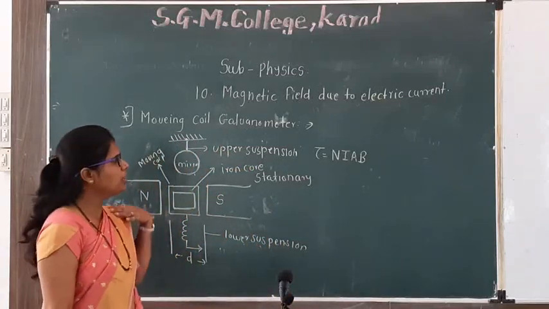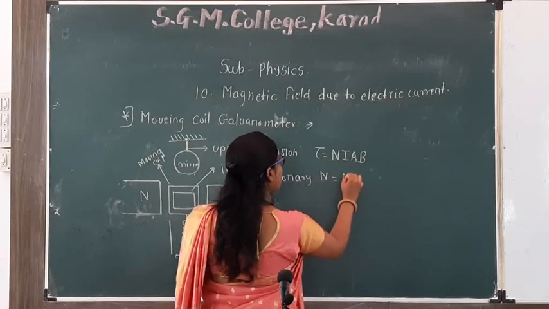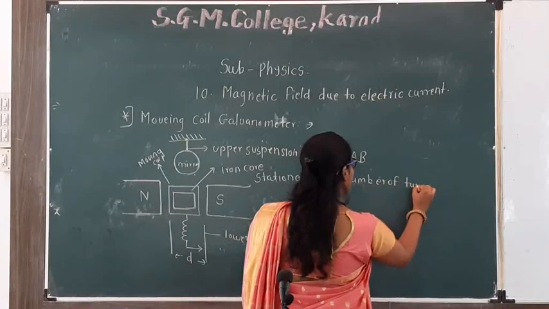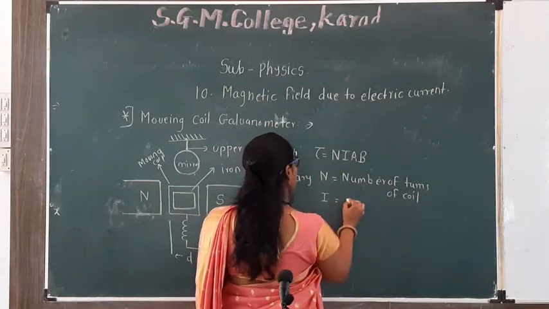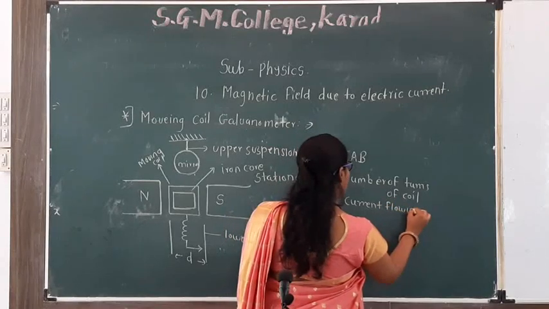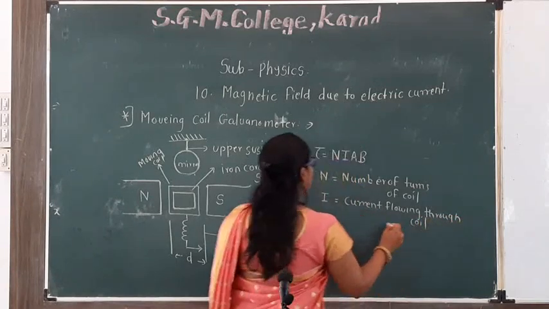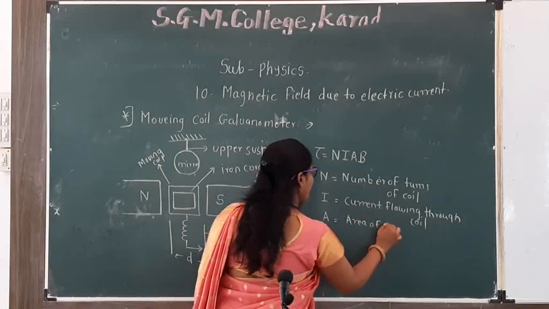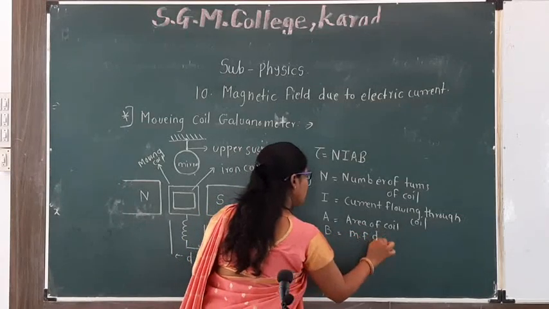Torque tau is equal to NIAB, where N is the number of turns of the coil, I is the current flowing through the coil, A is the area of the coil, and B is the magnetic field.